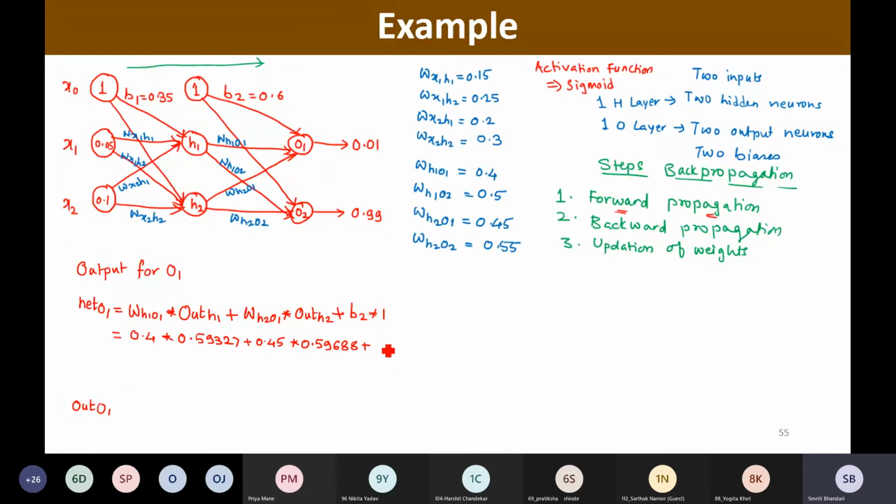B2 we have assumed as 0.6. So this comes out to be 1.105905.